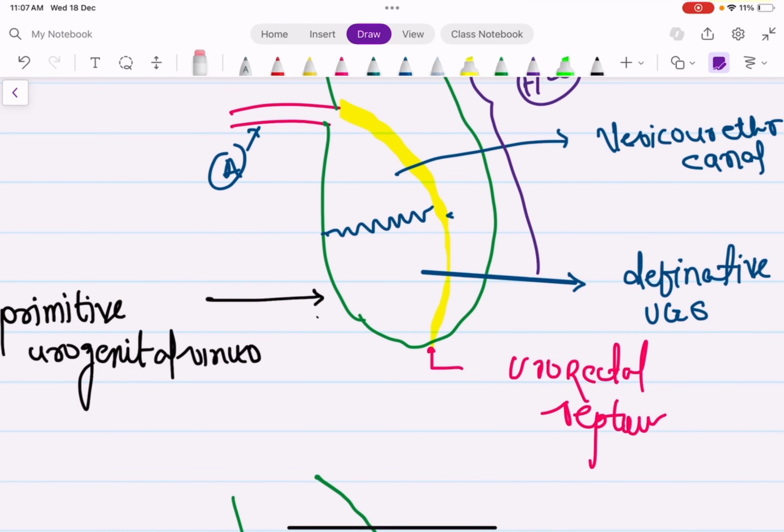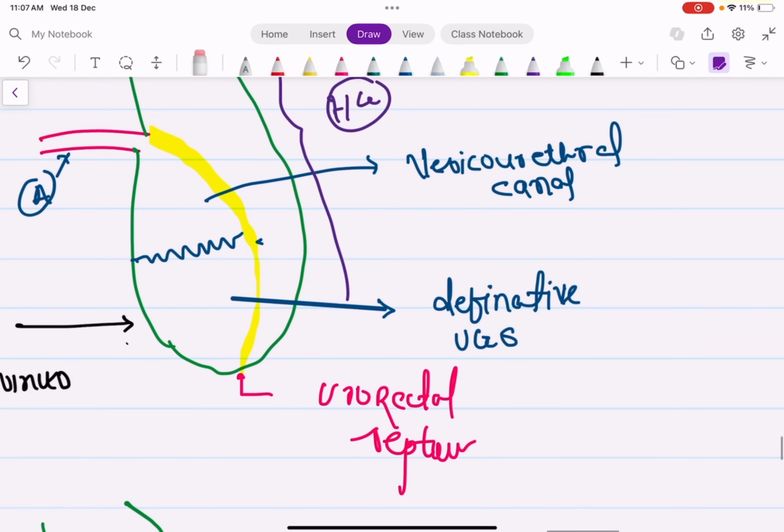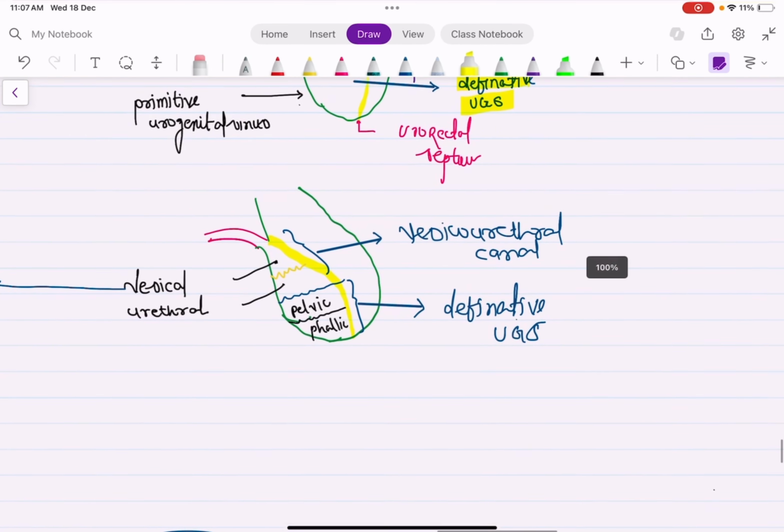The primitive urogenital sinus gets divided into two: first the vesico-urethral canal and second the definitive urogenital sinus. Clear till this? Next.